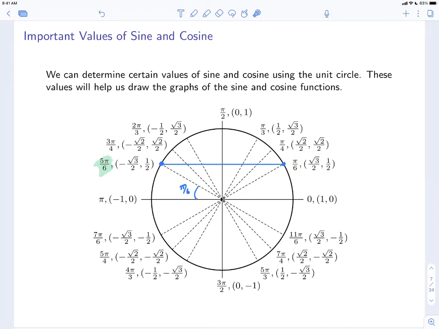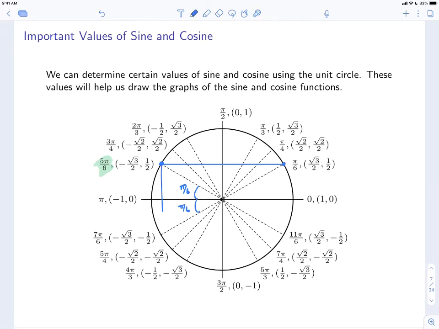Similarly, if I look at 7 pi over 6, this also has a reference angle, which is pi over 6. The reference angle is the smallest angle that's made with the x-axis. So again, it's pi over 6. And you can see that since I'm in the third quadrant, I've reflected the point at pi over 6 through the y-axis and then through the x-axis.